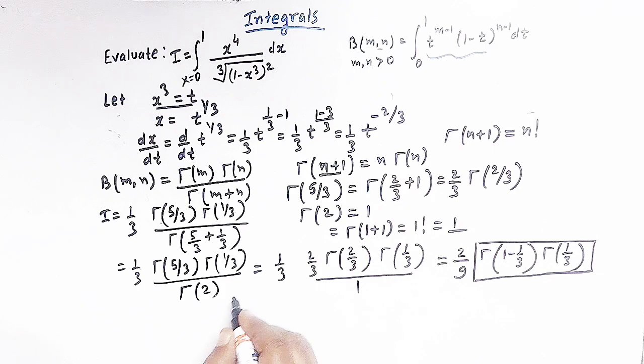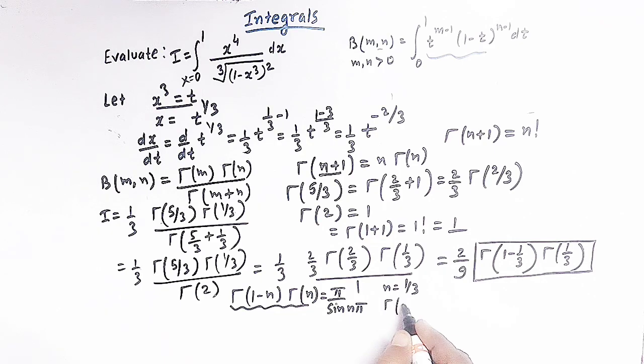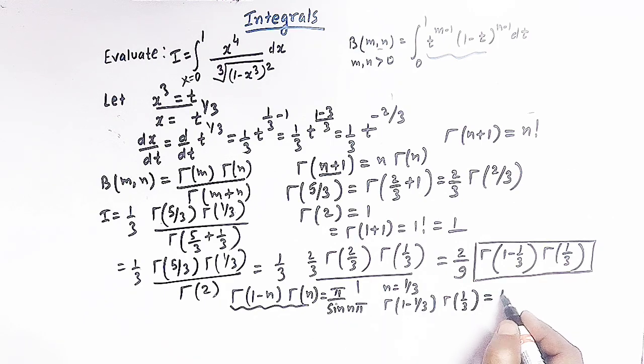So we know that from Euler's reflection formula, that is gamma 1 minus n times gamma n is equal to pi over sine n pi, right? So if we take n is equal to 1 over 3, then this left hand side appears as gamma 1 minus 1 over 3, then we have gamma 1 over 3, and here we have pi over sine n pi.